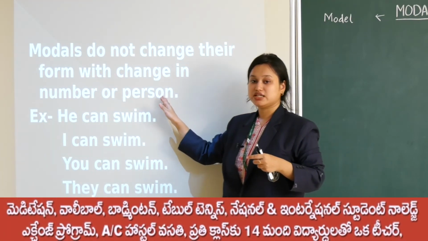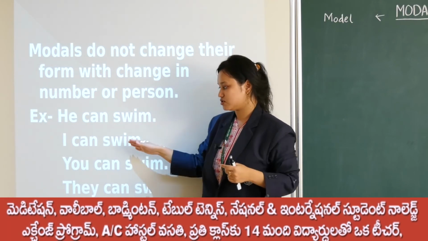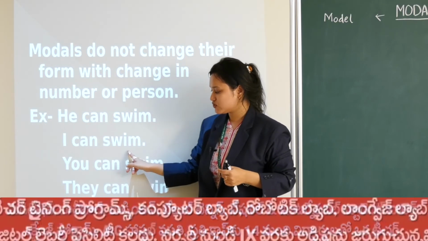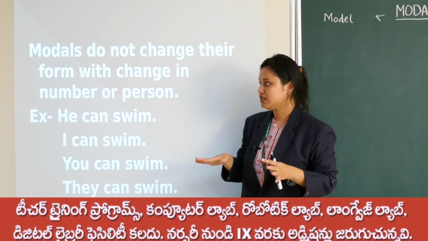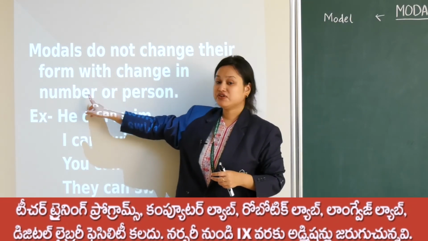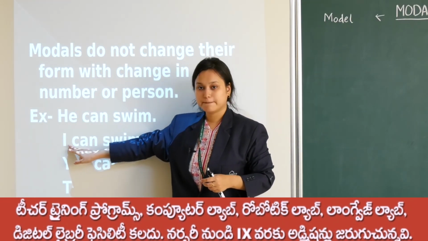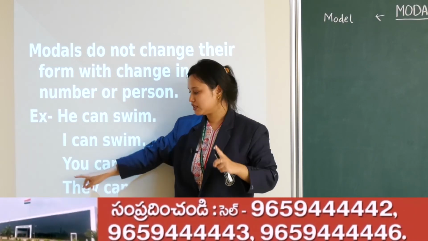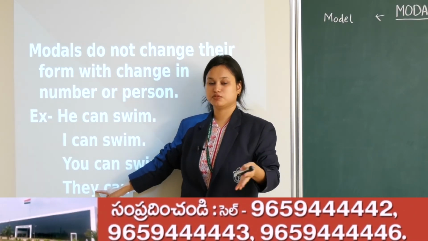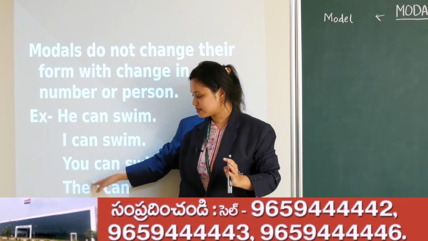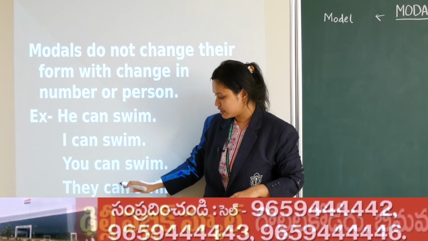So whenever I am changing that, modal will not change. I can swim, you can swim, they can swim, right. Modal will not change there. Even with number, you see, I is one person, you, one person, they, it could be 5, could be 100 also. Number has been changed, but there is no change in modal.